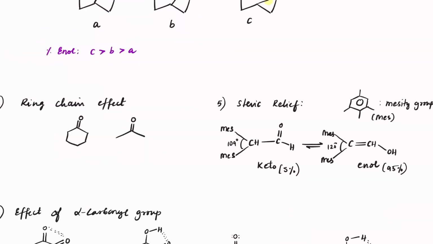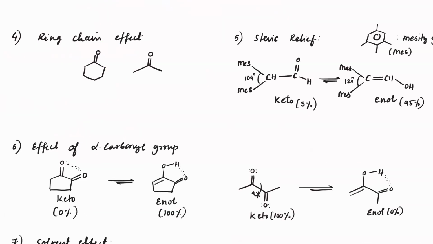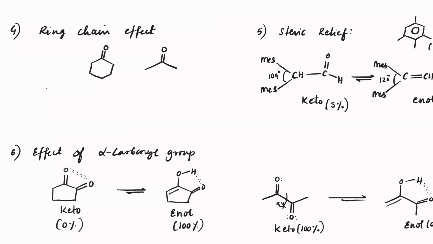Next, ring chain effect. Whenever you have a ring form here, the percentage enol noticed in this case was found to be 0.02 percentage. This is found to be 10 raised to power of minus 6 percentage, which clearly suggests that a ring form will always have a more stable enol.